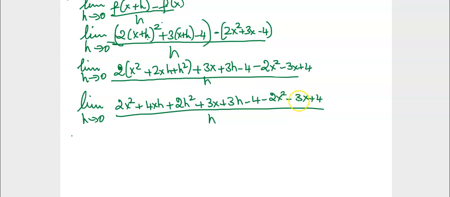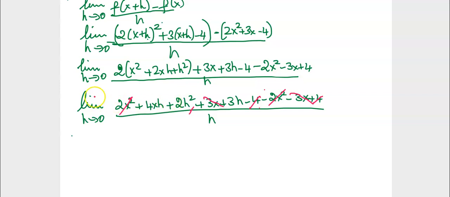Even though there are many terms in the numerator, some terms will cancel. The 2x squared cancels with the other 2x squared. Then plus 3x cancels with minus 3x, and minus 4 cancels with plus 4.